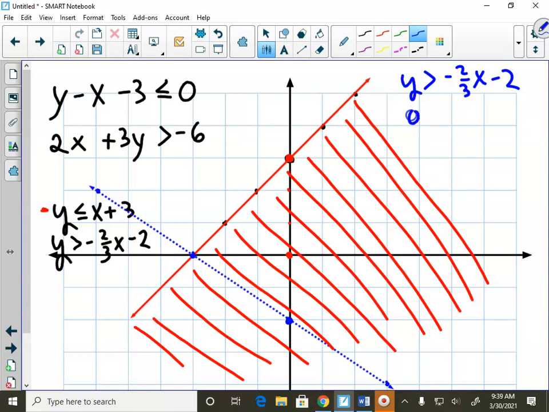And if we put in 0, 0, let's see what happens. So we get 0 is greater than negative 2, which is also true. So that means we're going to be shading above this line because this point is above the line. So now we're going to be shading in this direction.